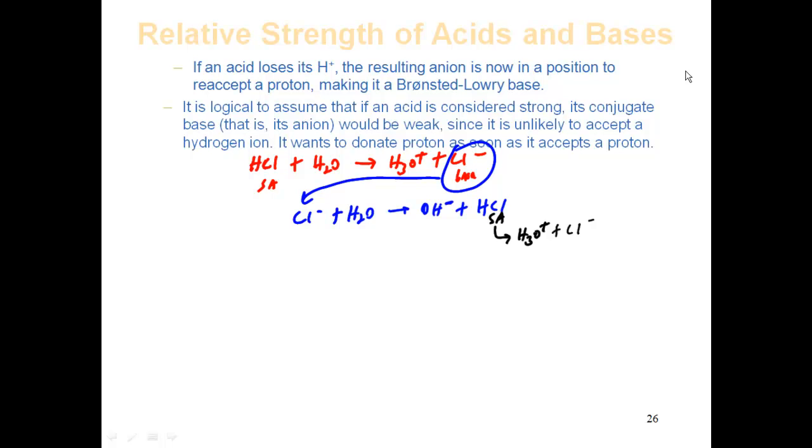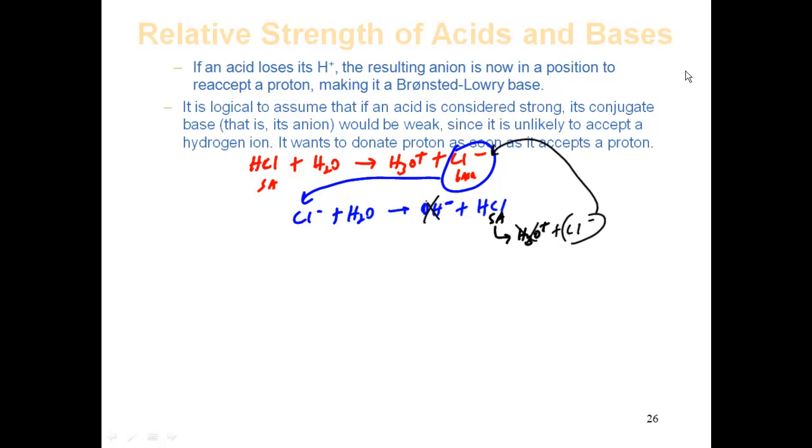So far, looking at that second reaction, I'm forming OH minus, H3O plus, and Cl minus. I've got 1 mole of OH minus and 1 mole of H3O plus. Mole to mole, 1 to 1, that neutralizes itself, so that's canceled out. So all I'm left with is Cl minus, which is what we started with.